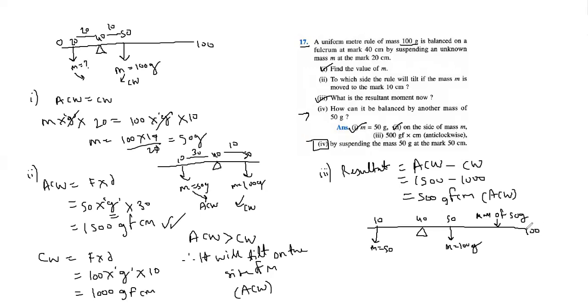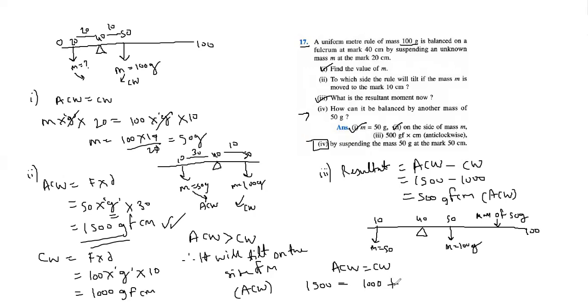To balance, we will have to find out. We know anti-clockwise moment equals clockwise moment. Anti-clockwise moment we already know, which is 1500 gram force. Clockwise we have already found for the previous one, which is 1000 gram force plus.